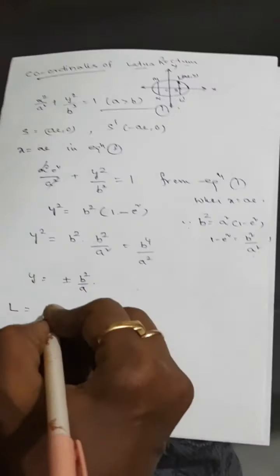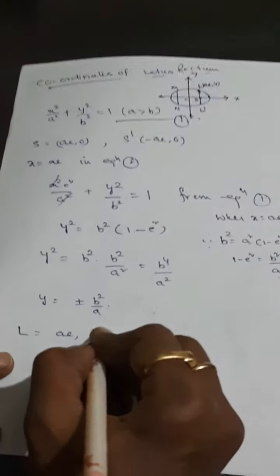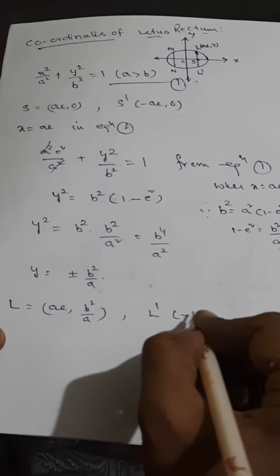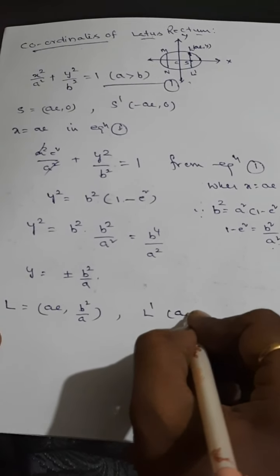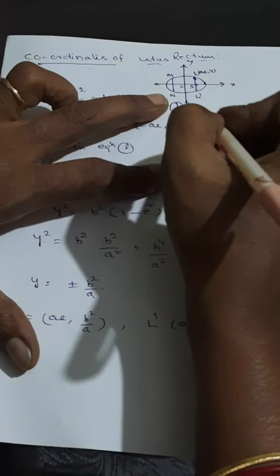So what are the coordinates of L? L has x coordinate ae and y coordinate b square by a, and L dash is ae, minus b square by a, on the negative y axis.